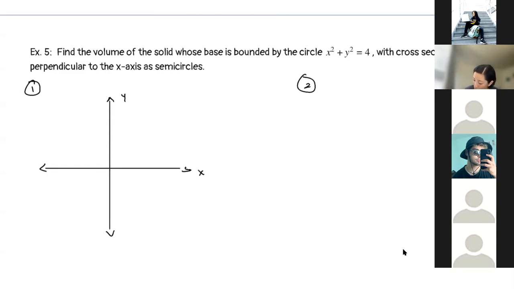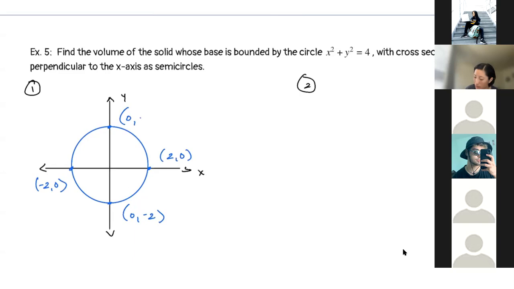Perfect, radius is 2. So I'm going to go ahead and draw this circle. I know it's centered at the origin with a radius of 2. So this is (2, 0), (0, -2), (-2, 0), and (0, 2).